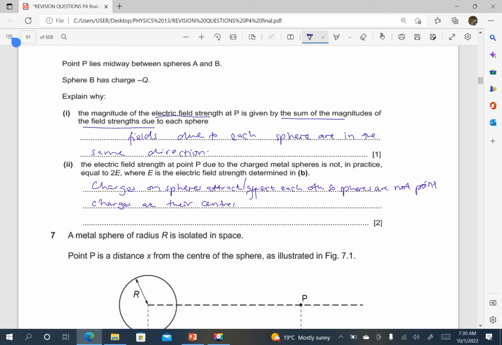Also, you could think about how charges behave. Like I have said, charges on the surface of the spheres will move because of the effect. In other words, they are actually affecting each other. So we can say charge on the surface of the spheres move. So spheres are not going to be point charges at their center.